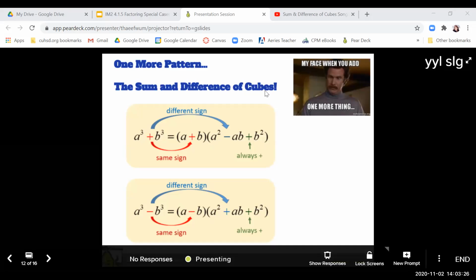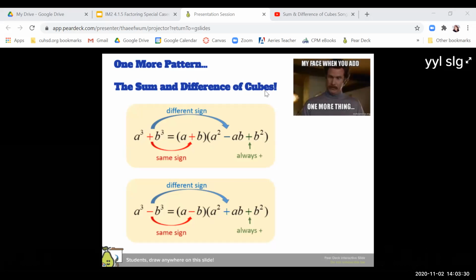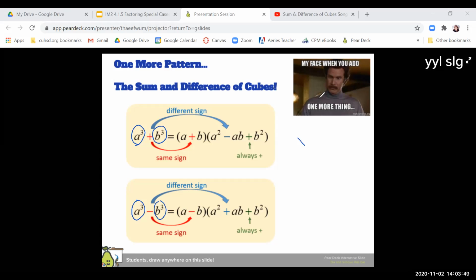This is a little different than squares. We're not looking at squares anymore. We're looking at cubes. The exponents are bigger. The exponents are 3s instead of 2s. So what we have here is a cubed number plus a cubed number, or a cubed number minus a cubed number. And just to be really clear, a cubed number is a number times itself 3 times.